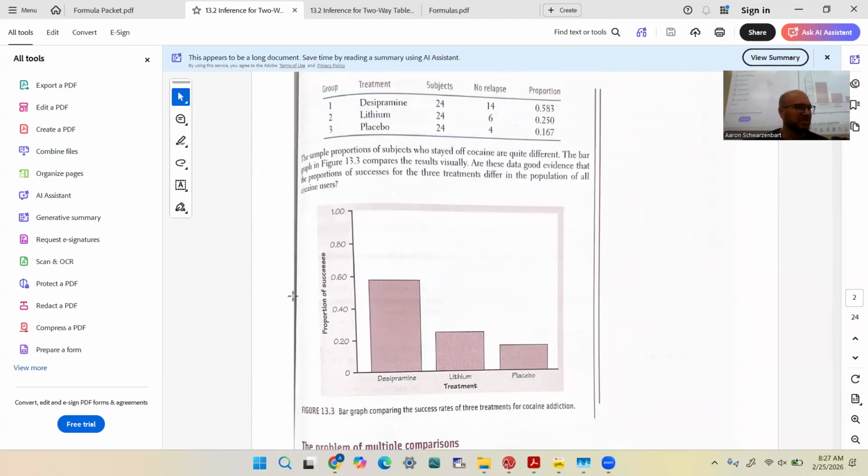There are two treatments, desipramine, lithium, and then they use the placebo to treat 24 cocaine addicts trying to quit. So the population for this is people trying to quit their cocaine addiction. We're not particularly interested in how many people quit that aren't trying to quit, because the answer is usually about zero.